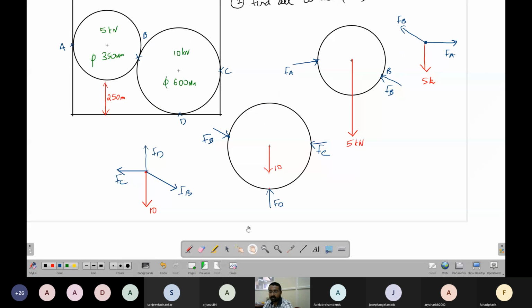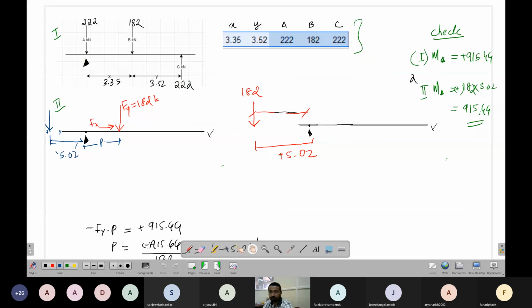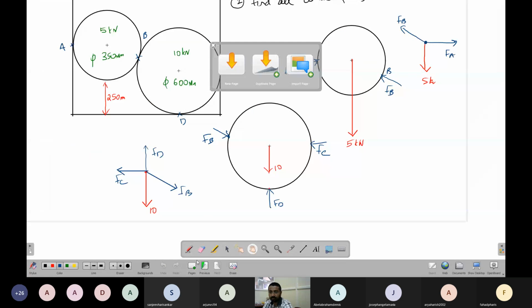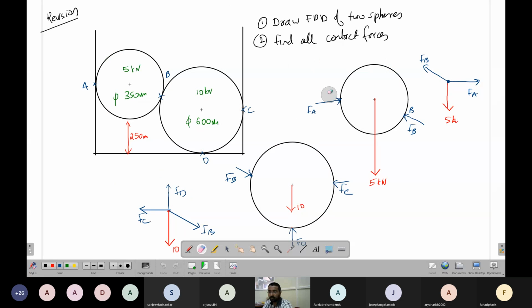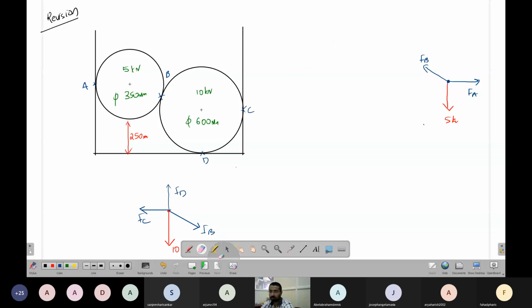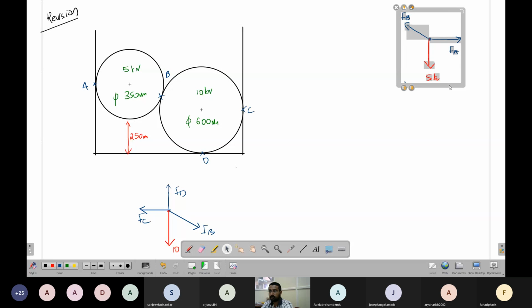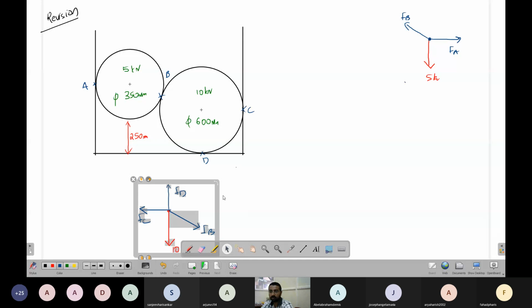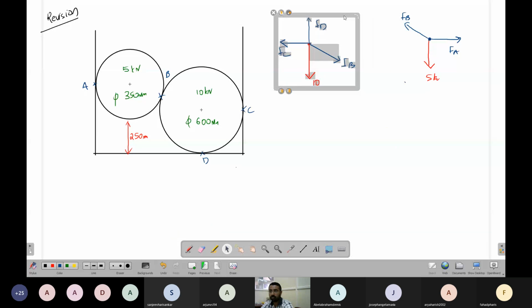So if I see, I just make another copy. So this is my first ball. This is my big ball.